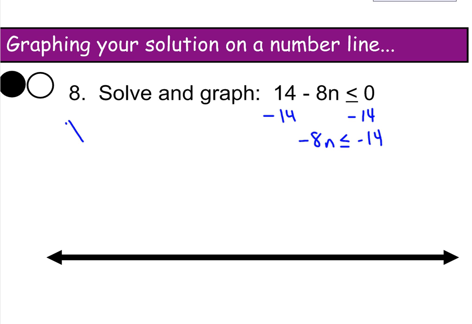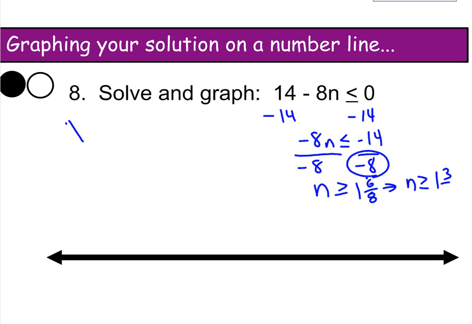So now, divide by negative 8, divide by negative 8. So this becomes n, but because I'm dividing by a negative, I switch directions with the sign. So this becomes 1 6/8, better known as 1 3/4.